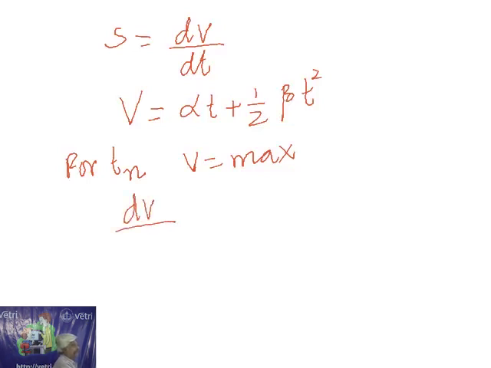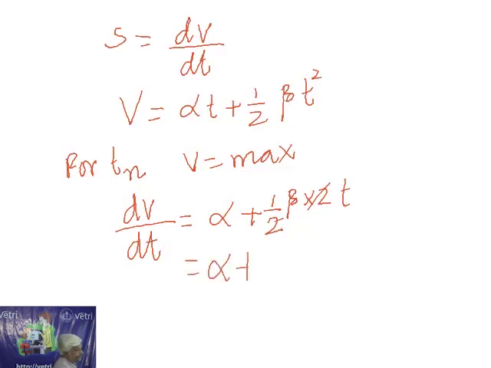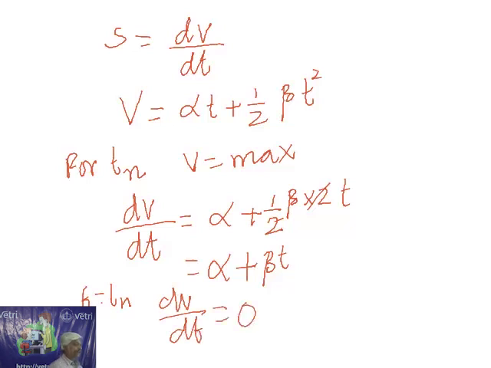This equation is differentiated with respect to temperature, dV by dT. So alpha plus half beta into 2T. The 2 cancels. Therefore, the answer becomes alpha plus beta T. For the neutral temperature, T becomes Tn and V is a constant value. Therefore, the rate of change of a constant value becomes 0.